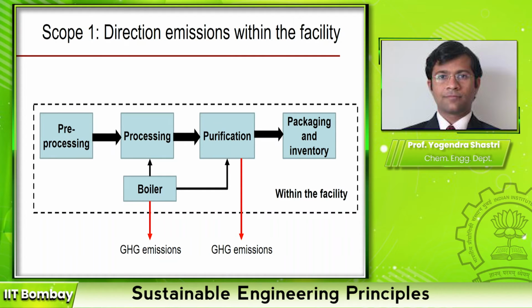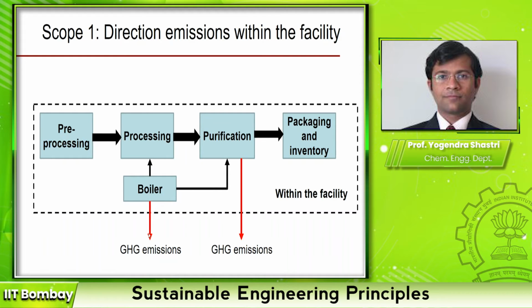So scope 1 emissions, as was mentioned in the definition, are direct emissions within the facility. So in this picture I have only shown the dashed box and components within the dashed box, because that is what we said is part of the facility. So the emissions that will come out will be mainly from the boiler, because the boiler will burn some kind of a fuel, and CO2 and possibly some other greenhouse gases might be generated.